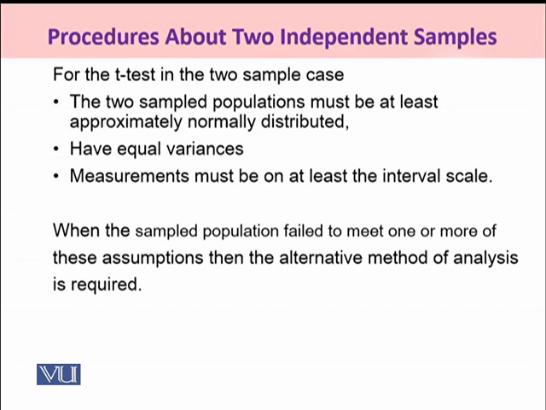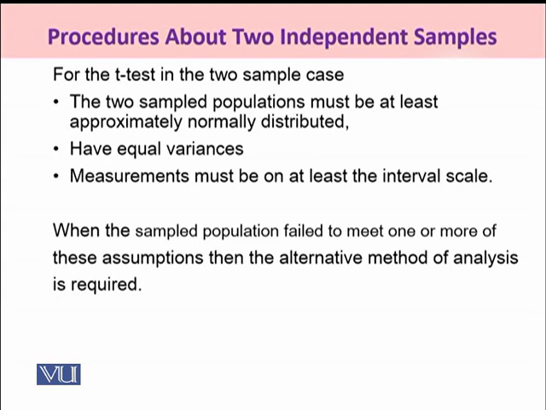That means those variables have to be quantitative in nature and measured on either the interval scale or the ratio scale. Now, when the sampled populations fail to fulfill any of these assumptions, we cannot apply the t-test for comparing the parameters of two independent samples.